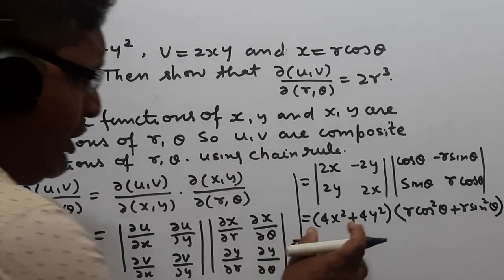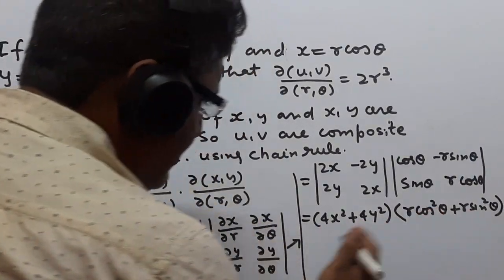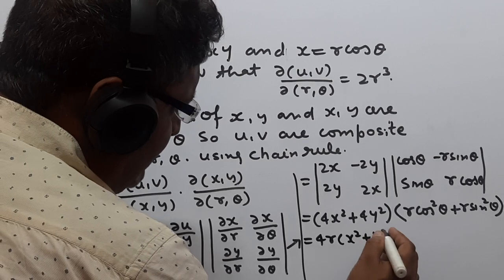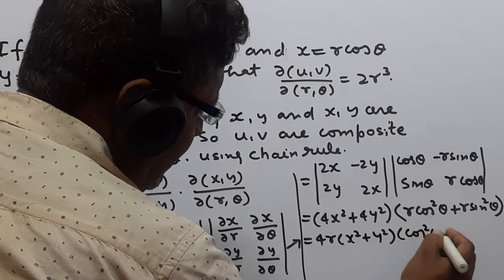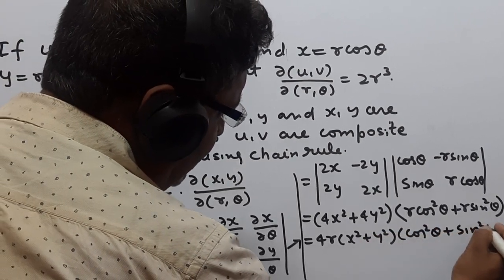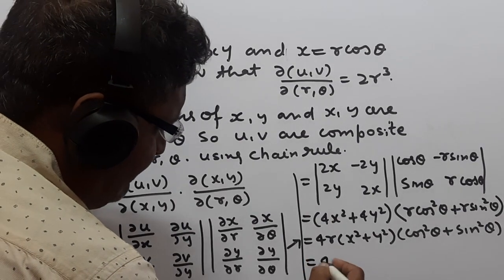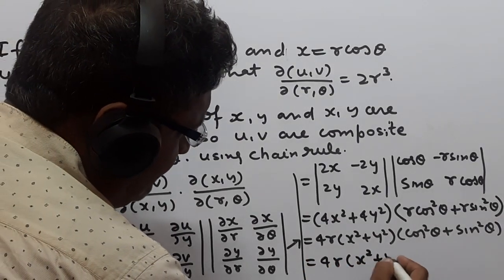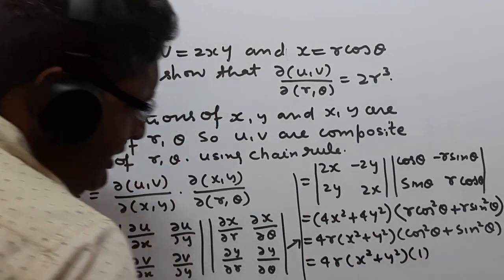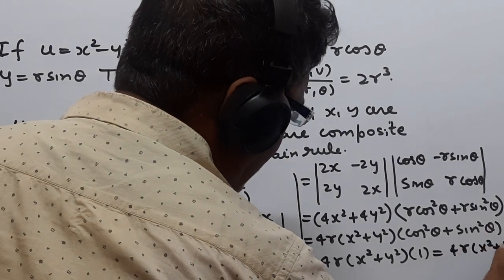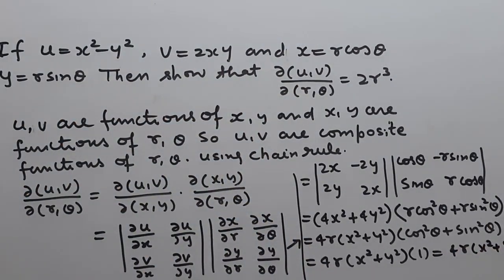Now taking 4 and r common, this can be written as 4r times x square plus y square times cos square theta plus sin square theta. You know that cos square theta plus sin square theta is equal to 1. So this becomes 4r times x square plus y square.